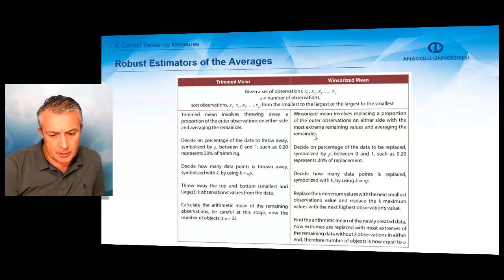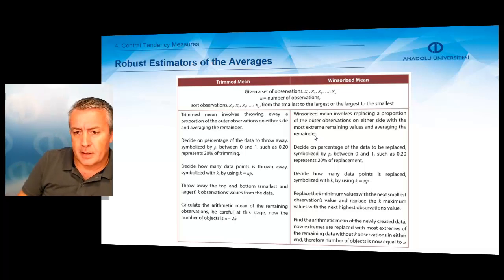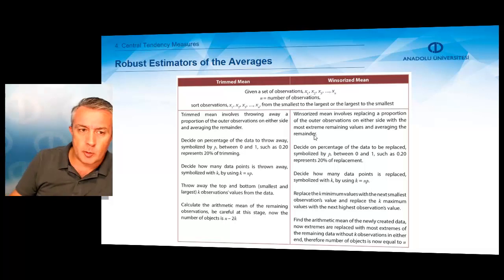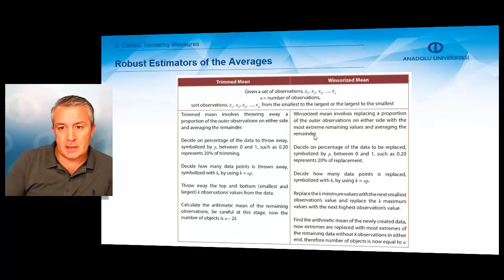And remember when we were talking about dot plots, there was a possible outlier situation for males. So the arithmetic mean is heavily affected by these outliers. So there are some robust methods in statistics. We have the trimmed mean and the winsorized mean, and some of these are used in sports scoring. In the trimmed mean, we throw away some portion of the data.